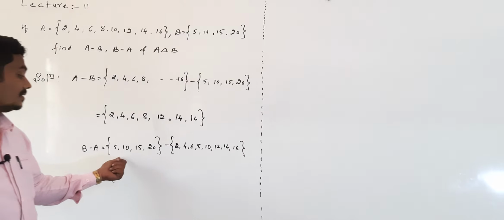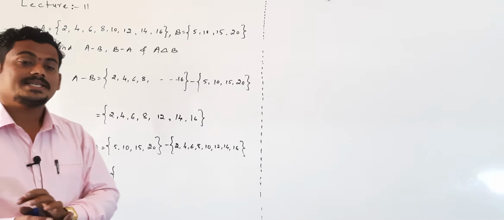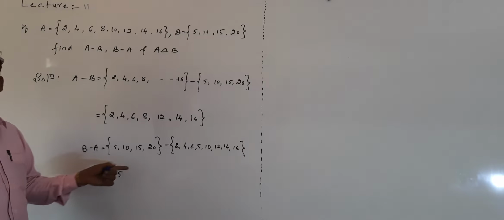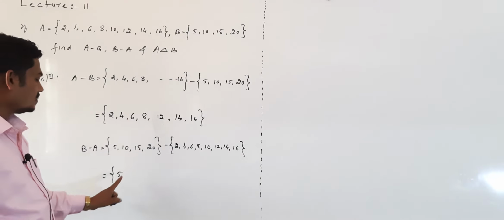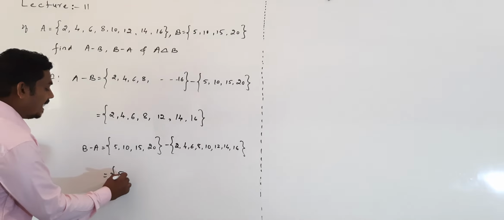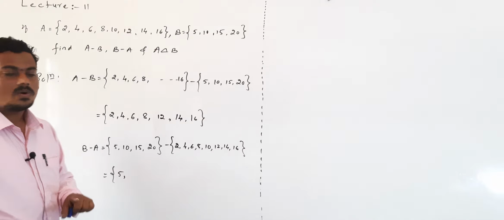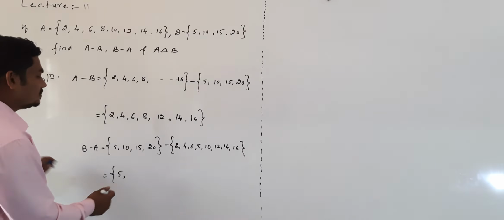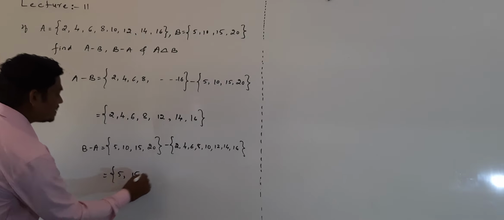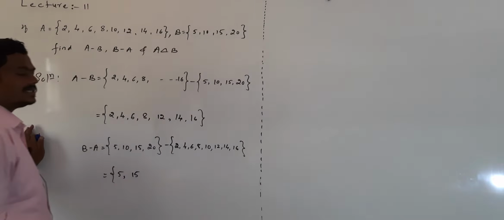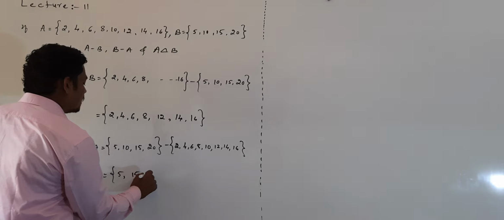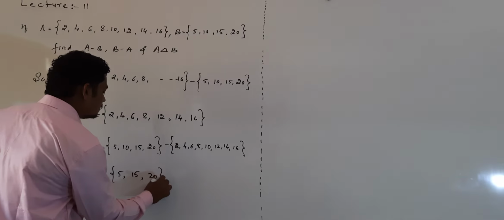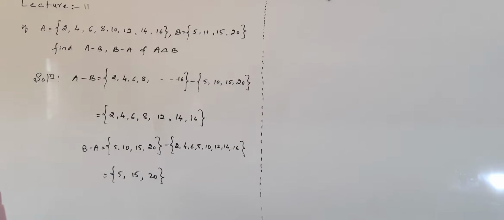We are interested in finding B minus A, B but not A. 5 is not there in the other set, so we can write 5. 10, can we write 10? No. Why? Because it is there in the other set, 10 gets cancelled. 15? Yes, because 15 is not there in set A. Next, 20? Yes. This is B minus A.